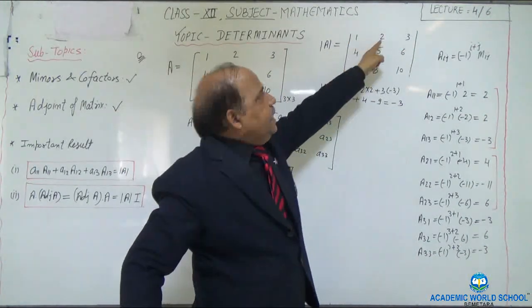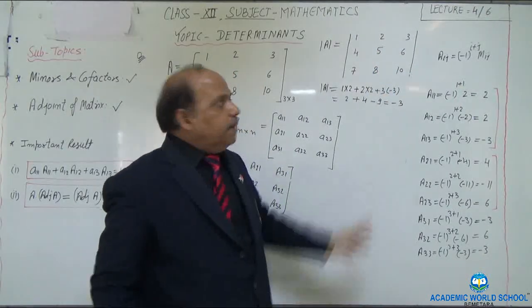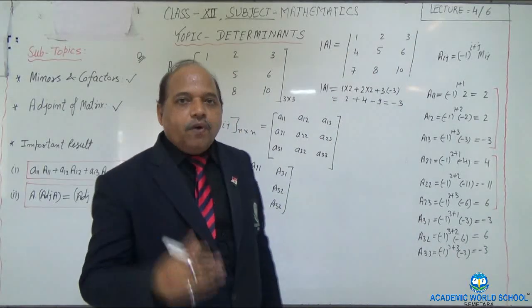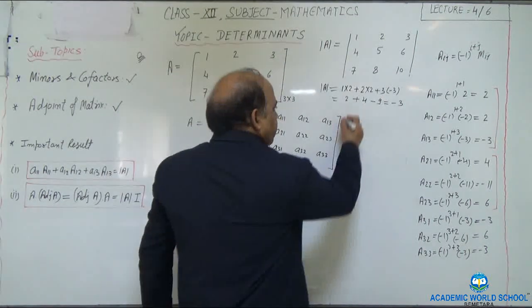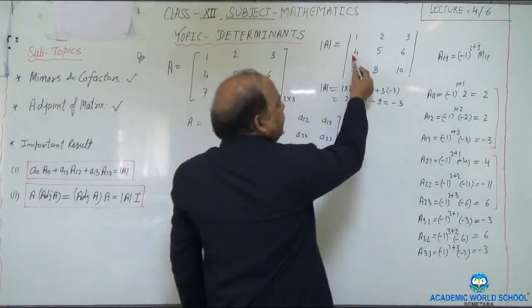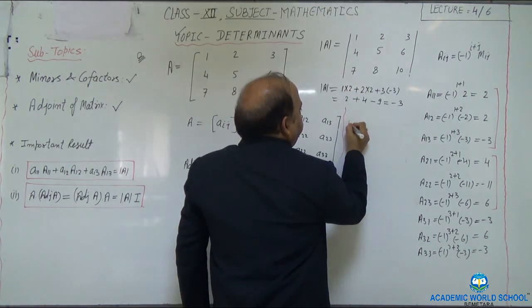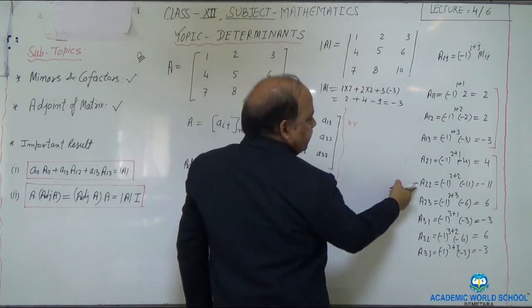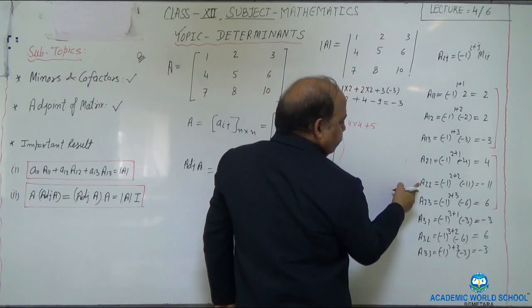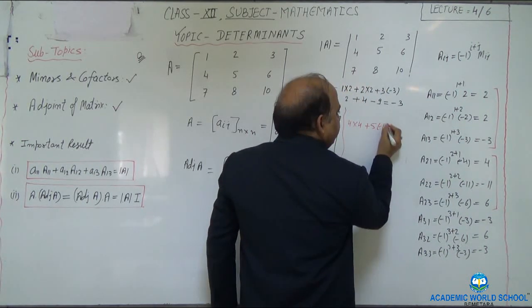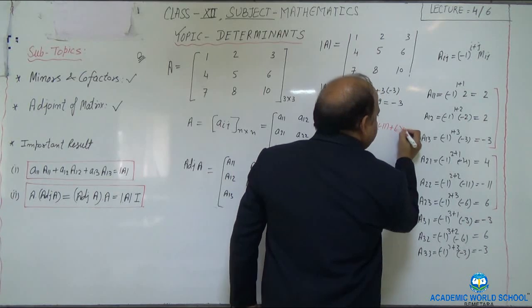I multiplied each element by its cofactor and then added. Take one more example: expand about the second row also. I am multiplying the elements of the second row by their cofactors. So 4 into its cofactor A21, plus 5 times the cofactor A22, which is minus 11, and then plus 6 times the cofactor A23, which is 6.